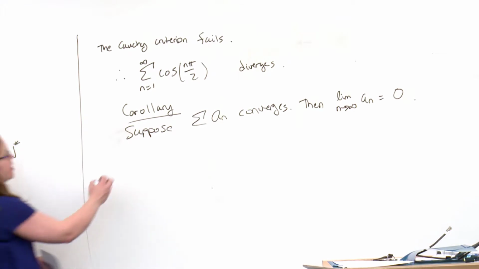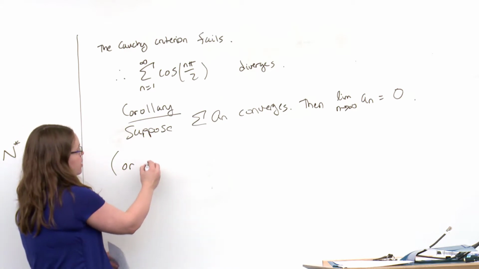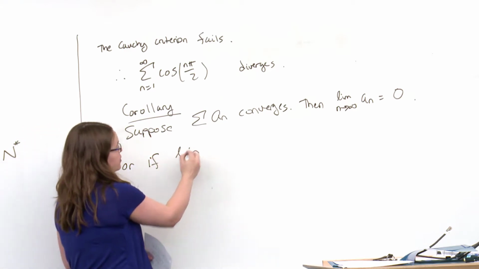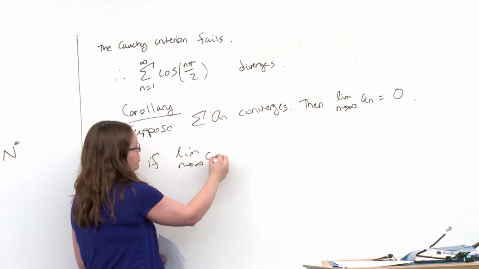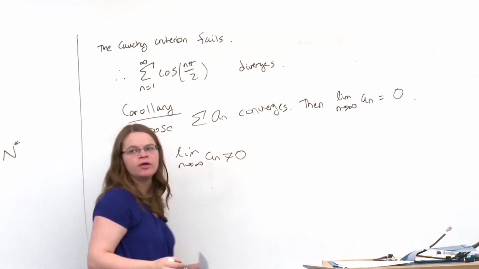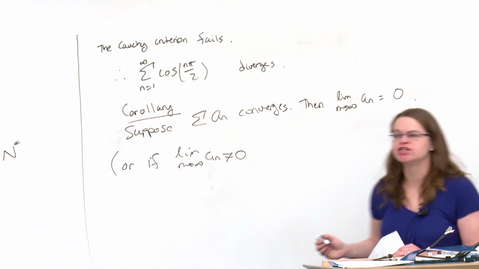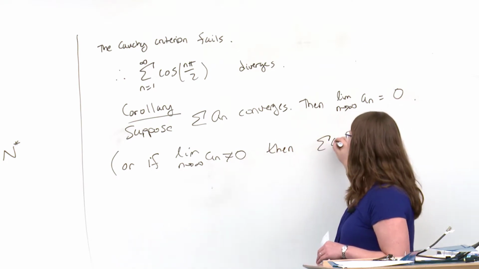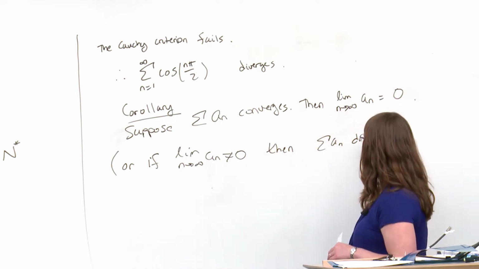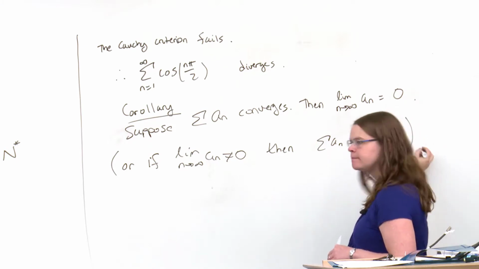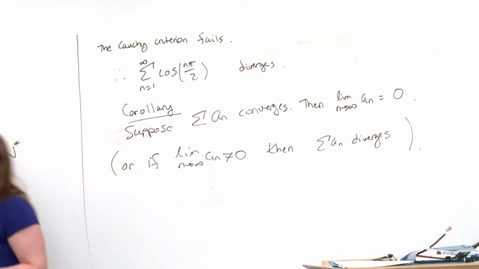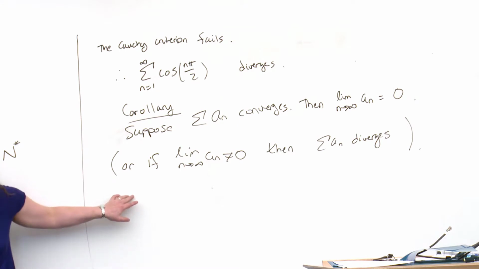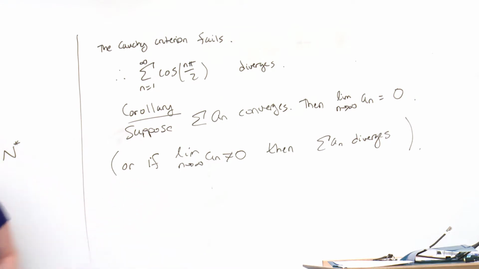So another way to say this is, if the limit of this does not go to 0, either it goes to something other than 0 or it just doesn't converge, then the series diverges. This statement and this statement are exactly the same statement, just in different words.